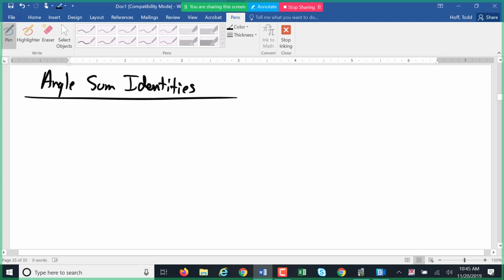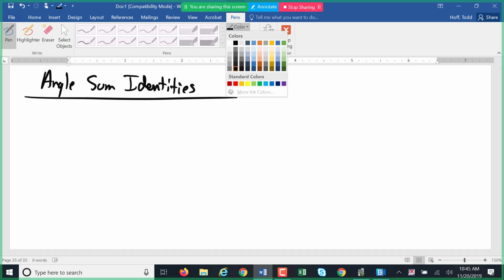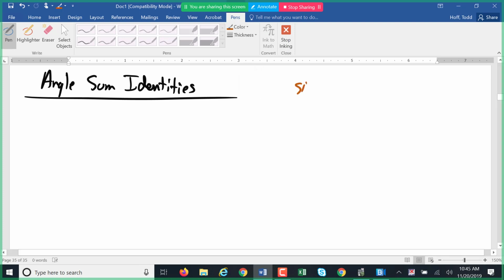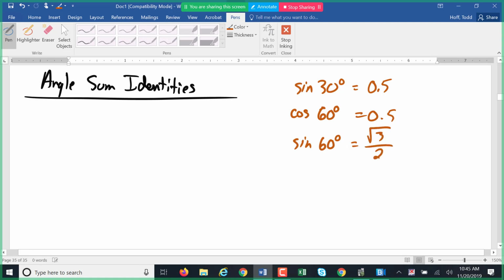Now, a lot of this is working on the assumption that you guys are familiar with the standard angles. Sine of 30 degrees is 0.5. Cosine of 60 degrees is 0.5. Sine of 60 degrees is the square root of 3 over 2.